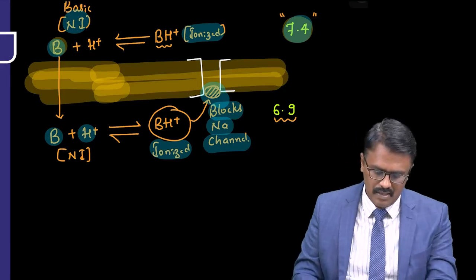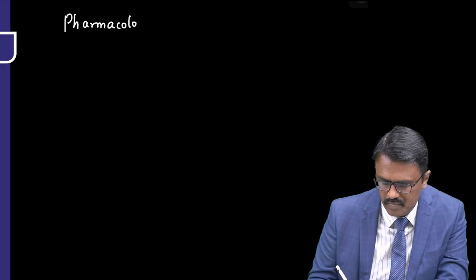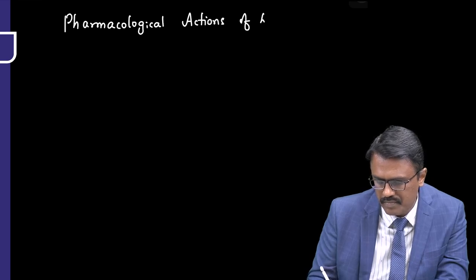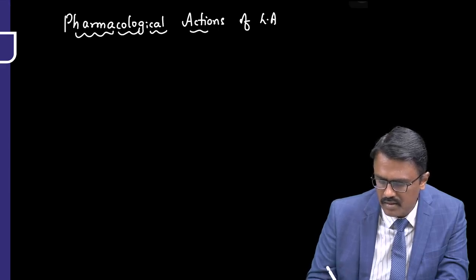Yes. Now once we know the mechanism of action, once we know the drug, let us understand the pharmacological action. What are the pharmacological actions we see? Pharmacological actions of local anesthetics. What happens if they enter our systemic circulation?